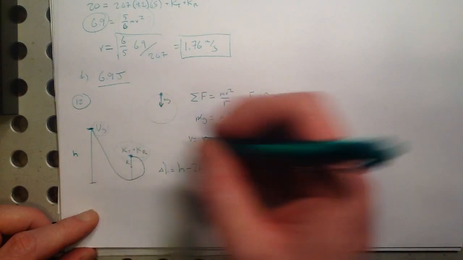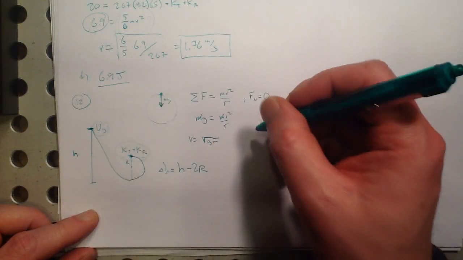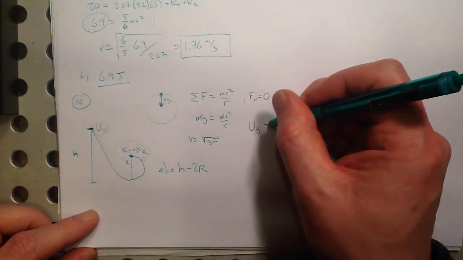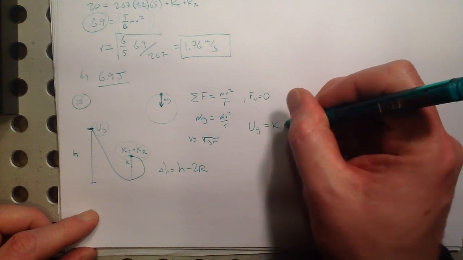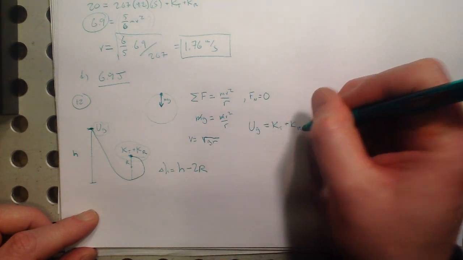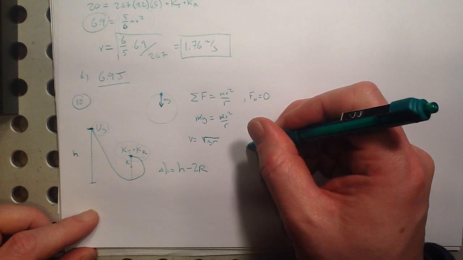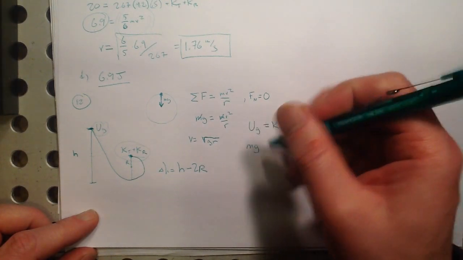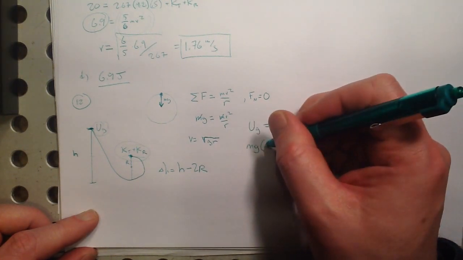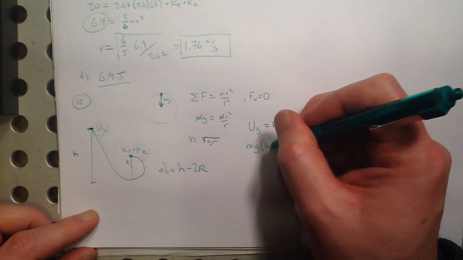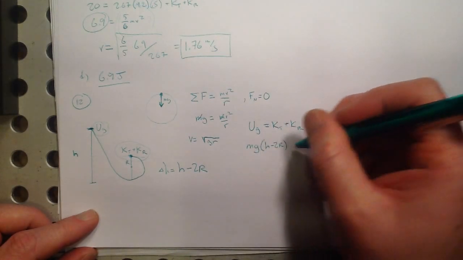So let's flesh out that equation. Gravitational potential energy is equal to translational kinetic energy plus rotational. This is mg delta h, which is h minus 2R.